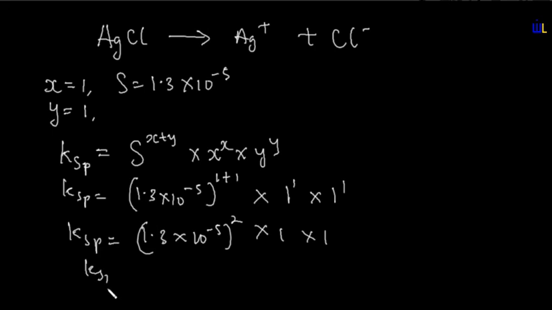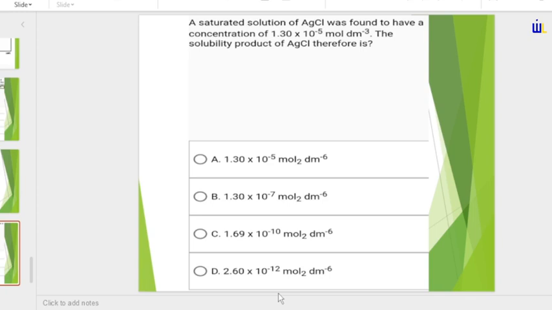Please, can you calculate this? What's the answer? This should give us 1.69 times 10 raised to the power minus 10. And that's the answer. That's option C. Is anybody confused?